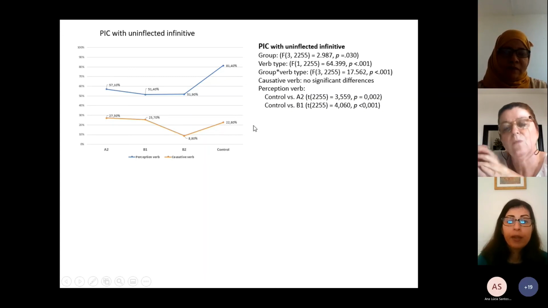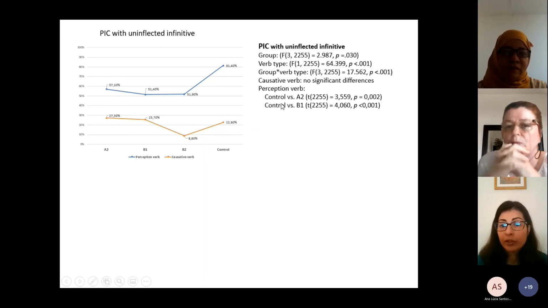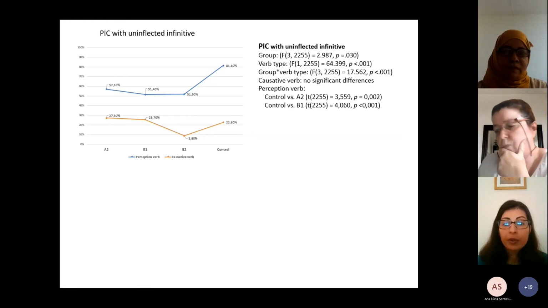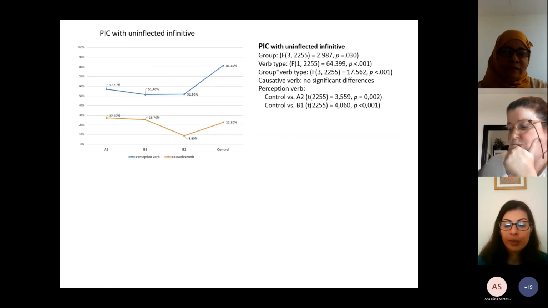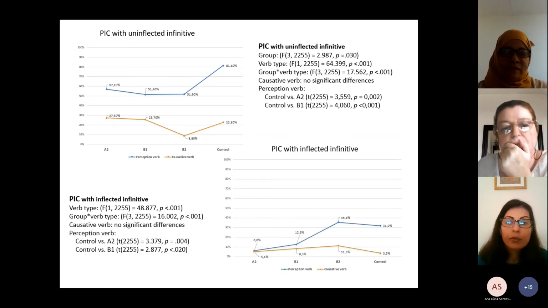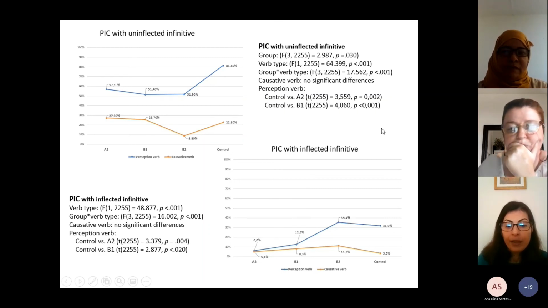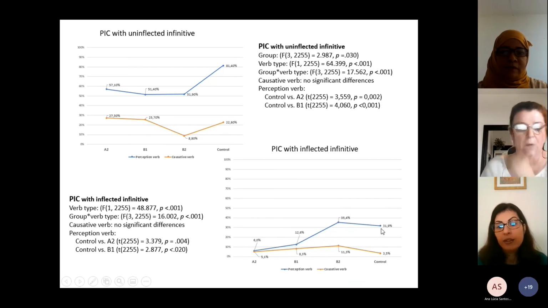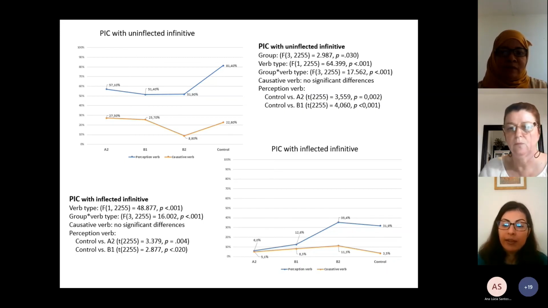across the groups. Again, we found no significant differences in the causative verbs, but with the perception verbs, we found differences between the control group and the A2 and B1 groups. As for the PIC with inflected infinitive, as we can see, with the perception verbs here in blue, the selection rates are lower than with the PIC with uninflected infinitive, in the same line of what we found in the acceptability judgment task.